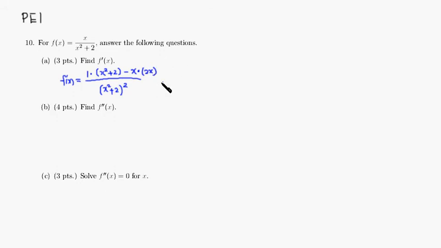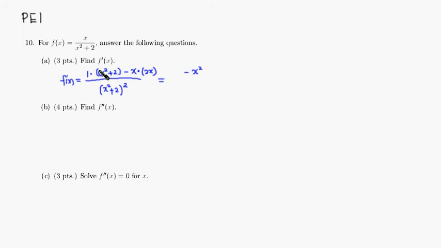Then simplify that, you will get on top x squared minus 2x squared. So it's going to be negative x squared.